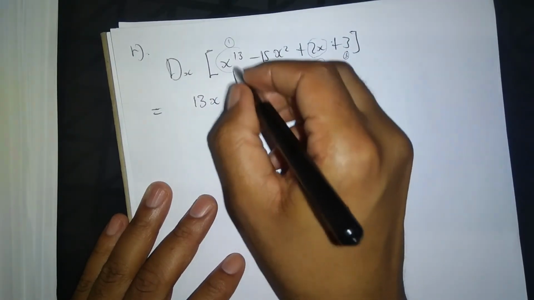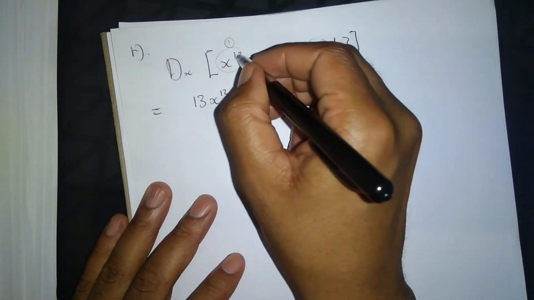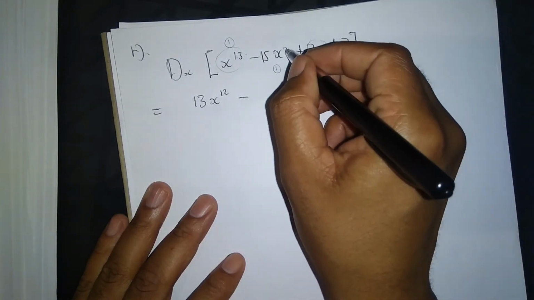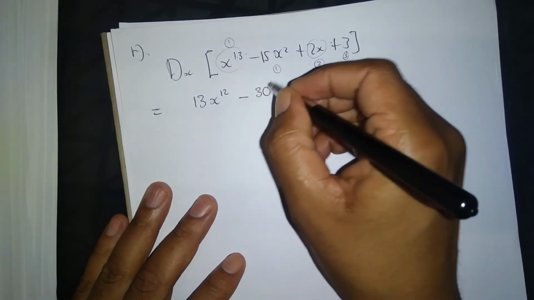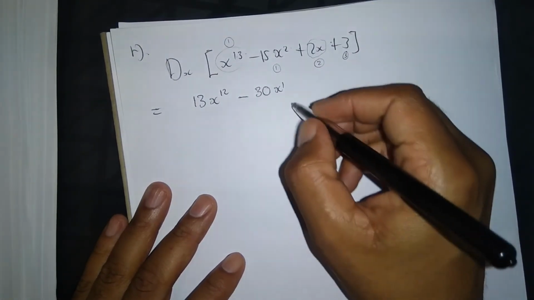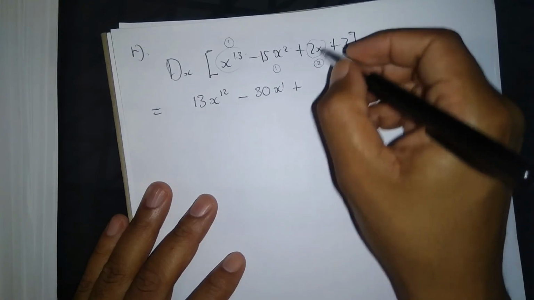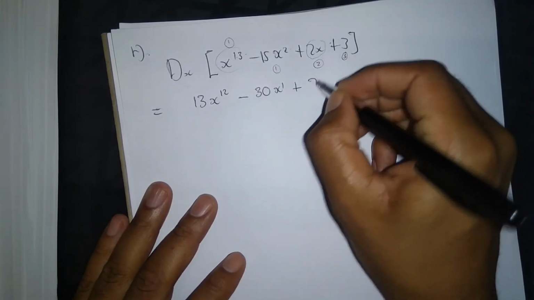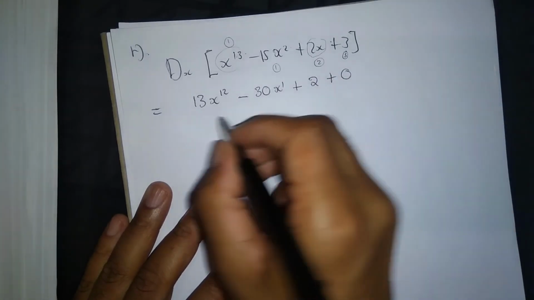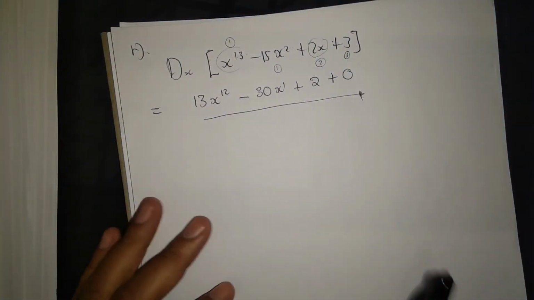X exponent 12, 13 subtract 1. Rule number 1. Minus 2 times 15 is 30. Exponent 2 subtract 1 is 1. Rule number 2. Drop the x, leaving 2. Plus 0. So this is our final answer.